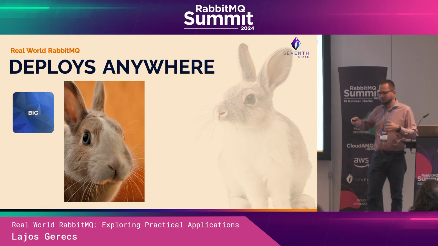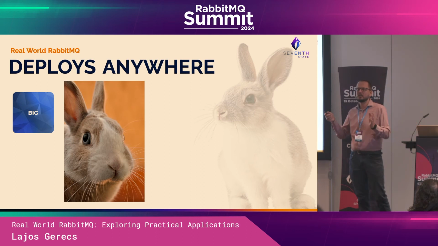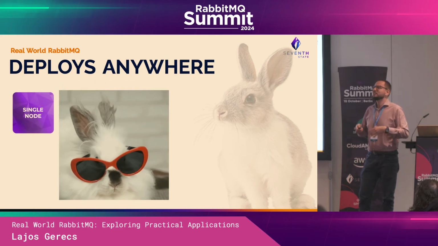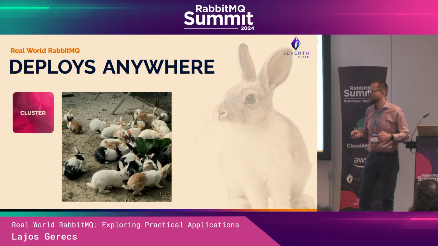This can reach, let's say, 100 cores, which may not be that useful for RabbitMQ, but if you have a lot of connections, for example, it can be a good one. We see single node installations. We see clustered installations.